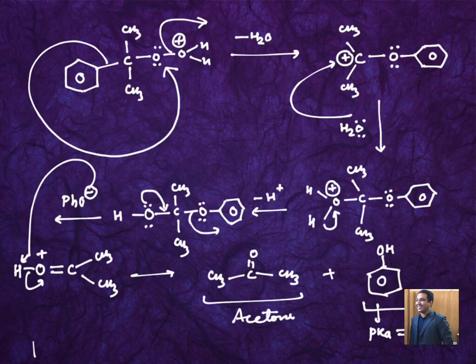And if you talk about some substituted phenols, these values can change from 9 to even lower, meaning more and more acidic behavior. But when you compare, the pKa of water is 15.74. So this tells us clearly that phenol is more acidic as compared to water.